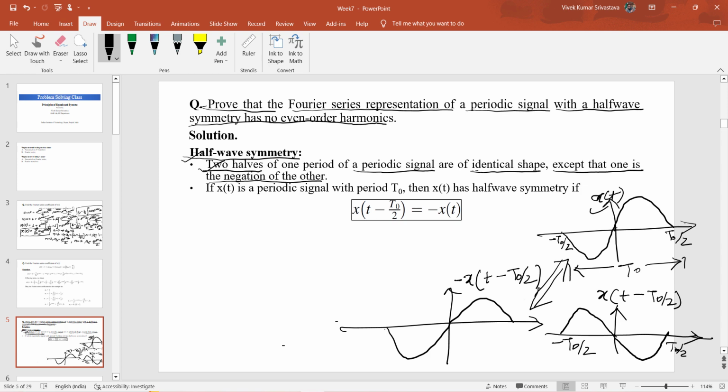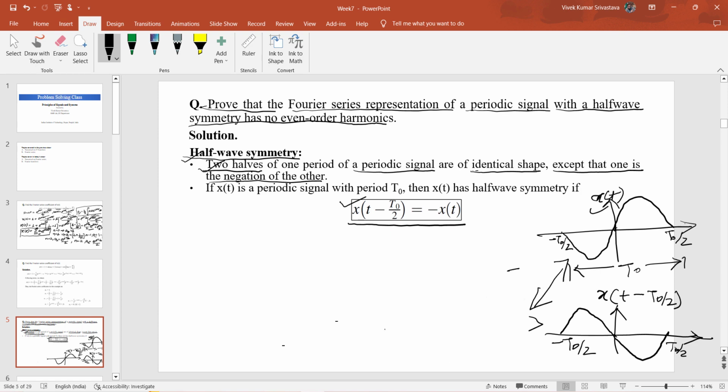So this is a half wave symmetric signal. Mathematically we can represent it by x of t minus t naught by 2 equals minus x of t. If a signal satisfies this condition, then it has half wave symmetry.